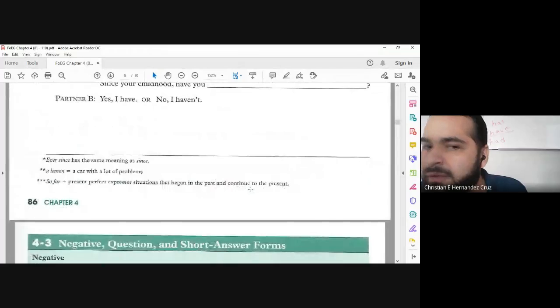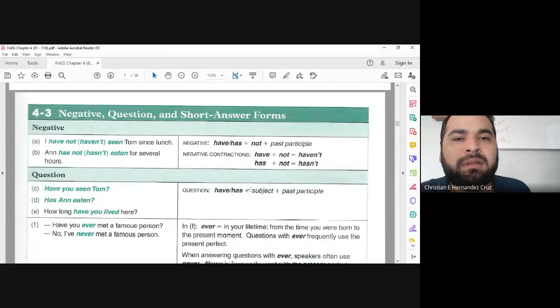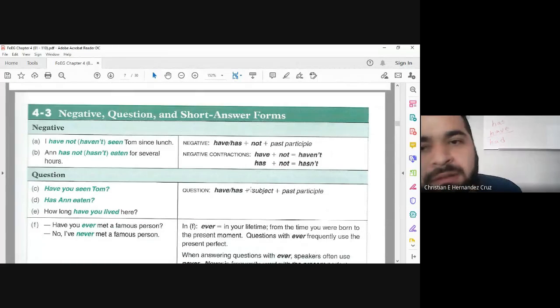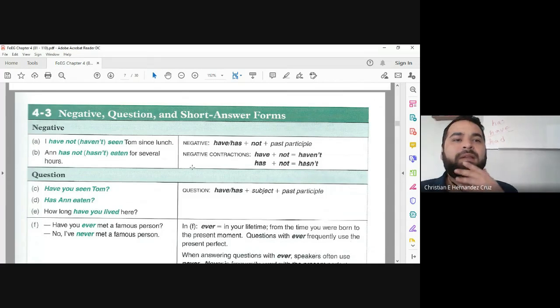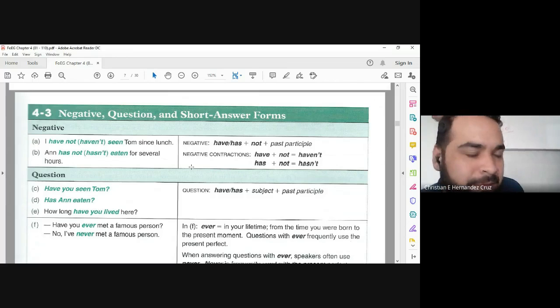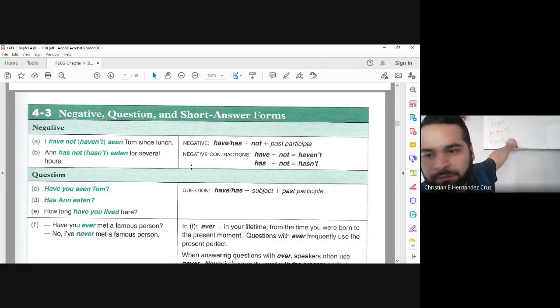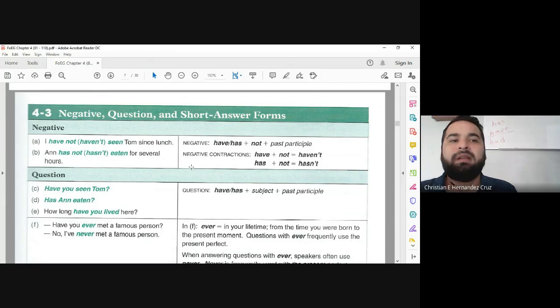So we're gonna start with example 11. Okay, we can touch base with the negative question and the short answer forms. But I feel like we've already discussed this earlier, so I'm just gonna gloss over it. So of course, to make a negative, all you have to do is add the negatory not, especially now since we're using the perfect form, which we already have.